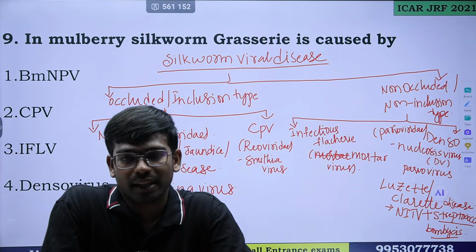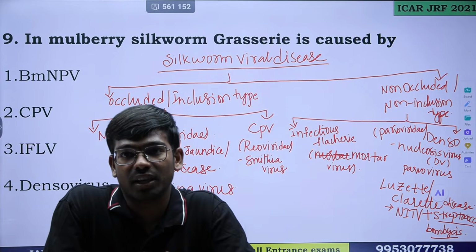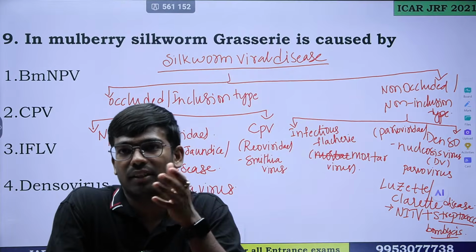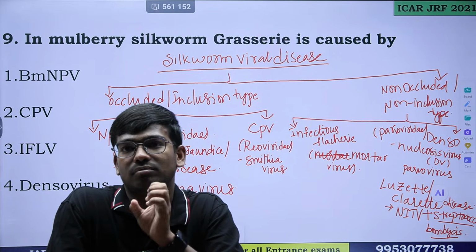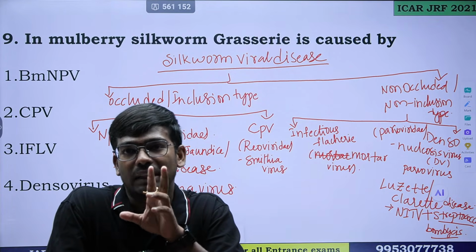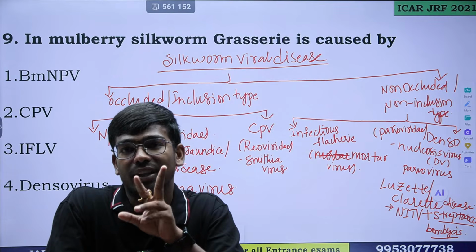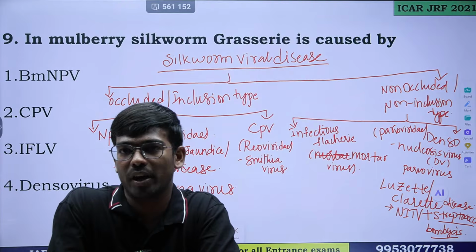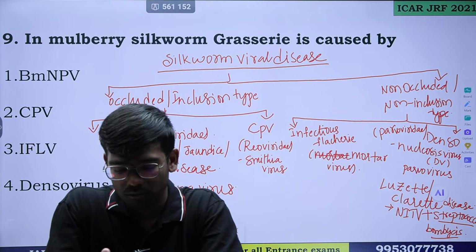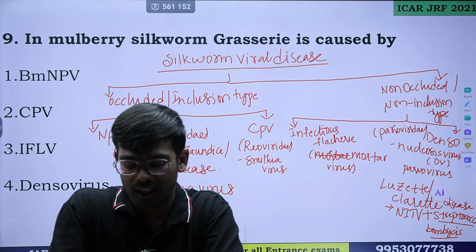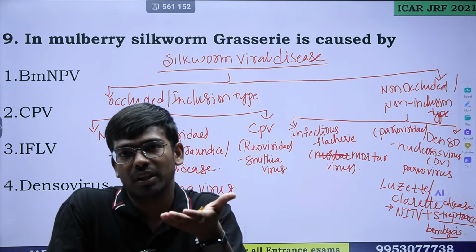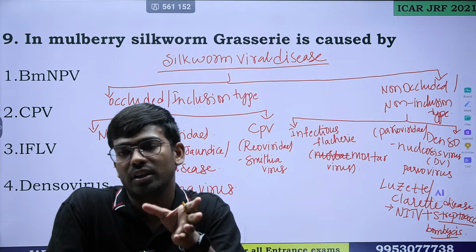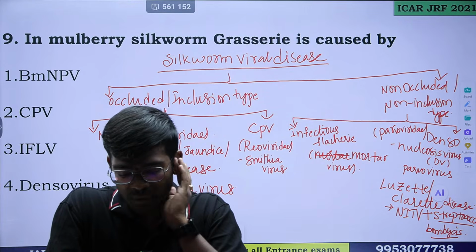Then the bacterial disease is called Flecheri, and Flecheri again has three types: the bacteria that cause damage to the digestive system, bacterial toxicosis, and the septicemial condition. Already we discussed this in microbial control in IPM, so if you forget it, you can refer to that. In the digestive system, the agents are streptococci, Proteus, aerogenous bacilli and so on.